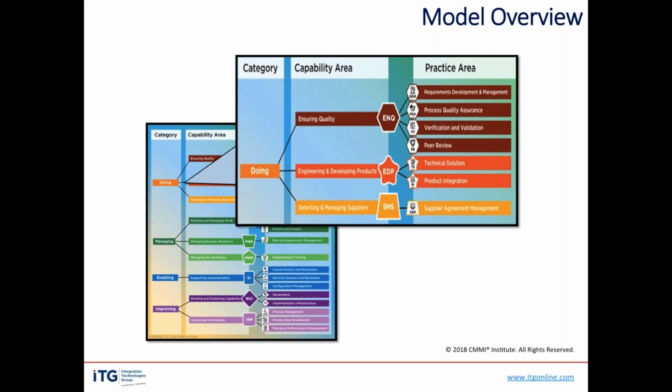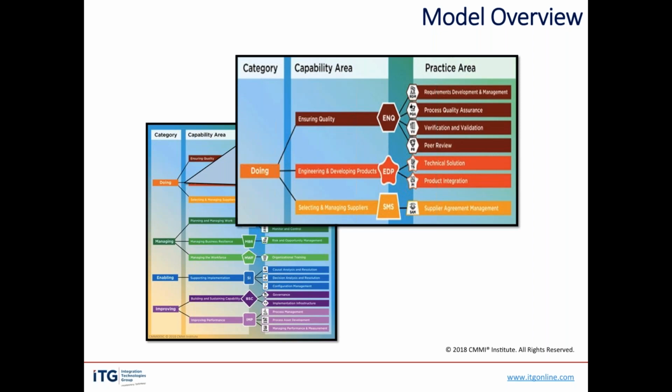And within those capability areas, there are specific practice areas, or what we would historically refer to in the old model as the process areas, okay? So for doing, and we're going to walk through each one of these individually, there are 3 capability areas: ensuring quality, engineering and developing products, and selecting and managing suppliers.